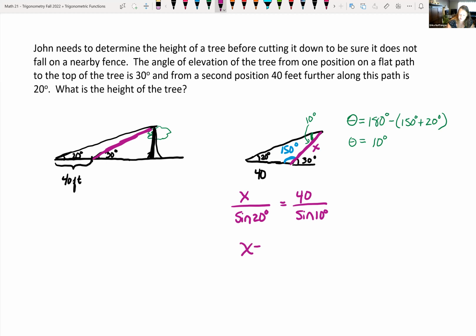So I have x is equal to 40 sine of 20 degrees all over sine of 10 degrees. So plugging it in, we get that that is approximately, let's go to the nearest tenth, 78.8 feet.